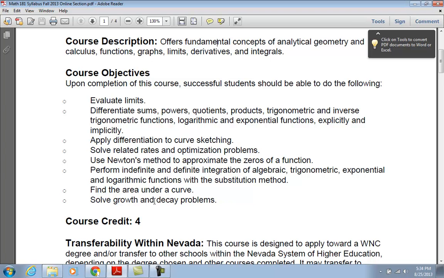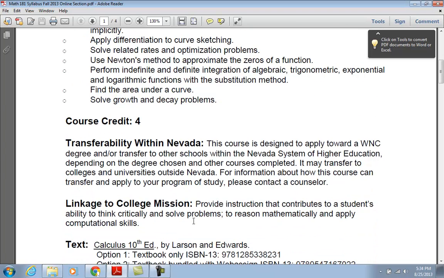Finally, solve growth and decay problems. This course is 4 credits, so there's that much more to it.